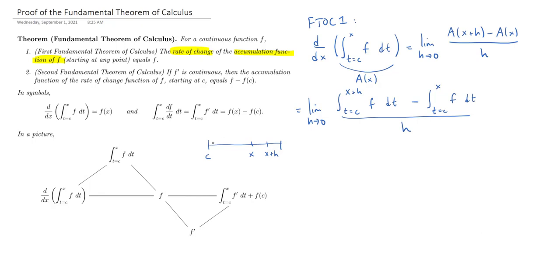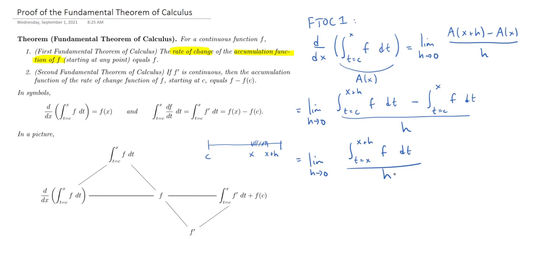So if we integrate f all the way from c to x plus h, and then we subtract what happens when we integrate f from c to x, then what we'll be left over with is this region when we integrate between x and x plus h. So this will be the limit as h goes to 0 of the integral from x to x plus h of f dt over h.